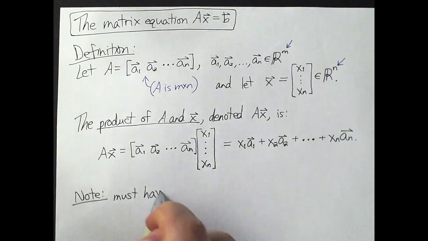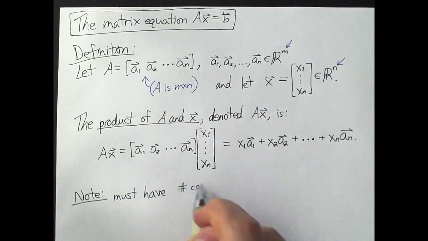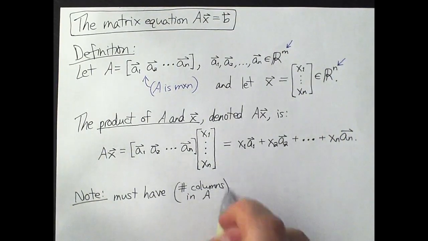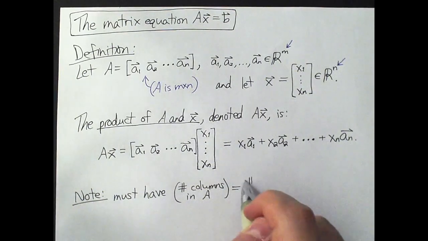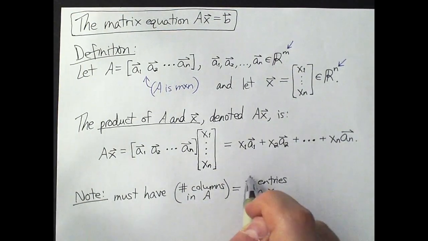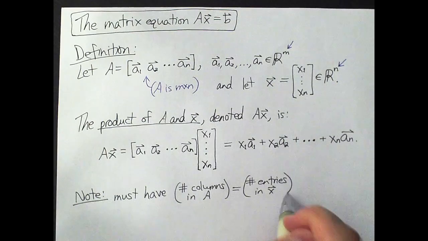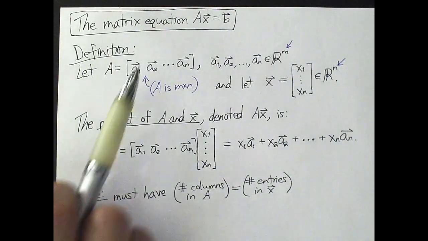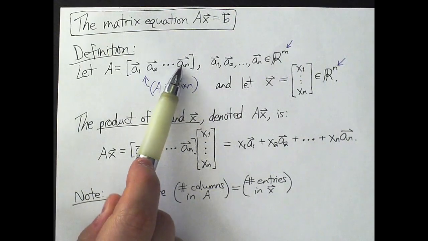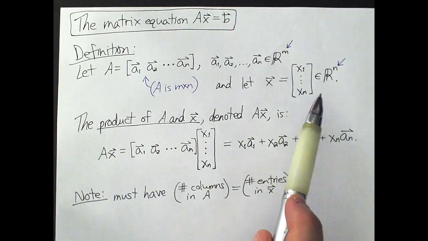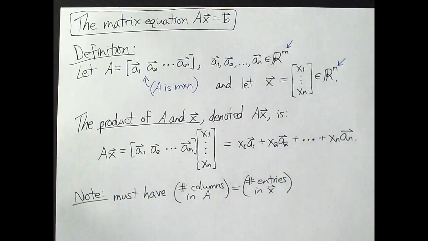We must have the number of columns in A equals the number of entries in X. And if we're following this definition, then we do have that, because A was defined to have n columns, and X was defined to have n entries.